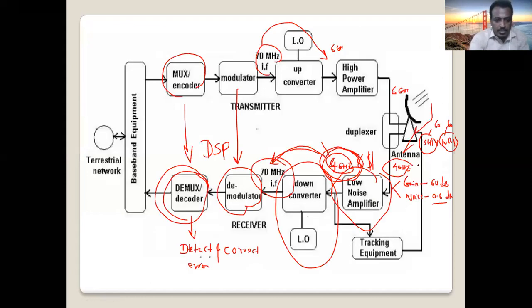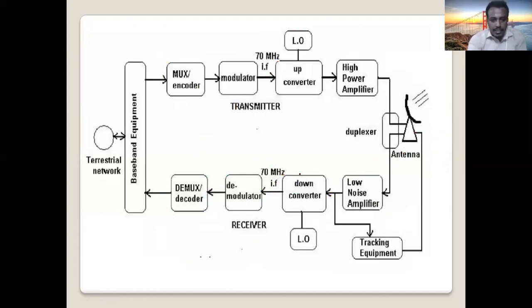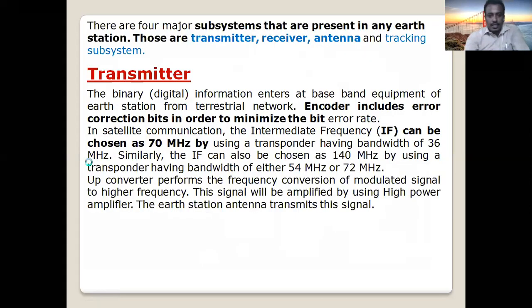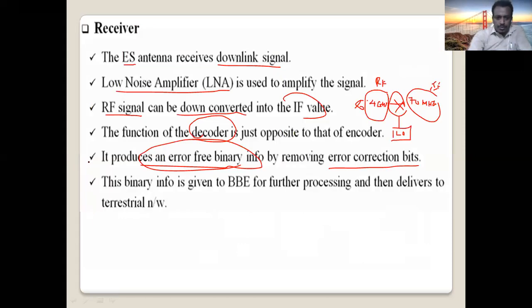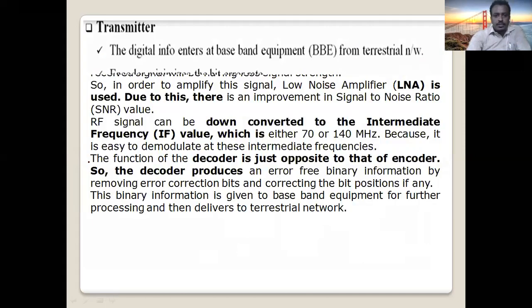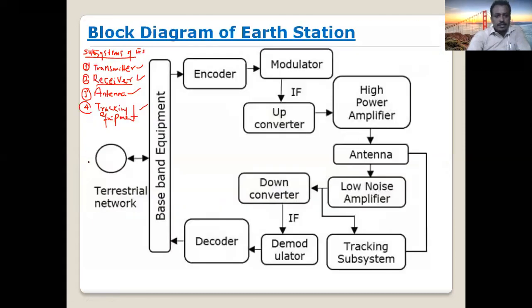Given to the baseband equipment. After decoding, it goes to the baseband equipment and then to the terrestrial network where the users access this information. So that is the receiver subsystem we have discussed. So we have discussed the second subsystem, which is the receiver.